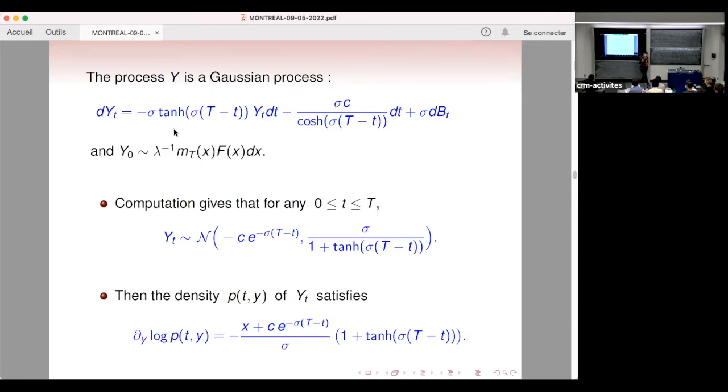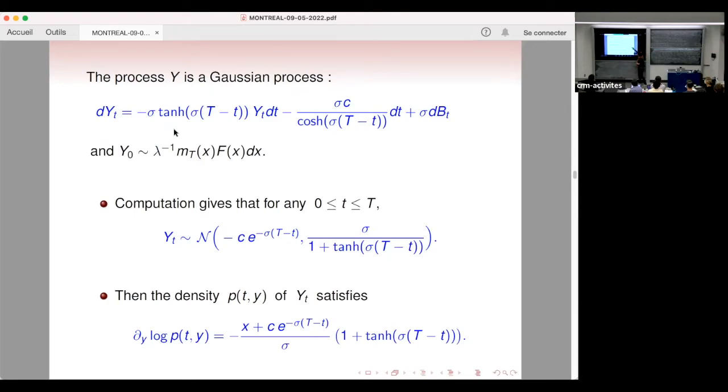Remember that we pick up the individual at random in the stationary distribution. So at time capital T, you have this profile, which is a Gaussian law centered at minus c, exponential to minus sigma, which is the typical value of the trait, times capital T minus c.